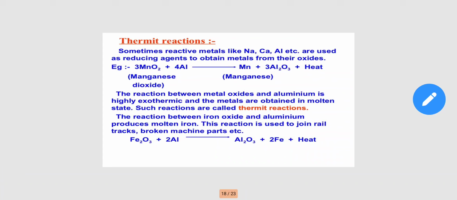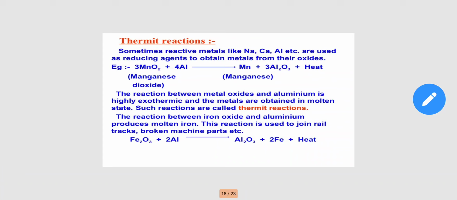The reaction between metal oxide and aluminum is highly exothermic and the metals are obtained in a molten state. Such reactions are called thermite reactions. The reaction between iron oxide and aluminum produces molten iron. This reaction is used to join rail tracks, broken machine parts, etc.